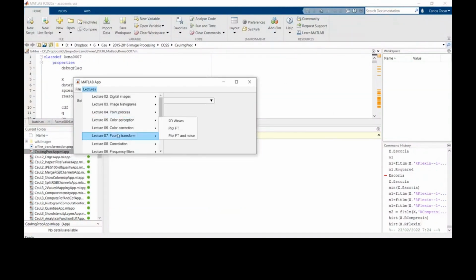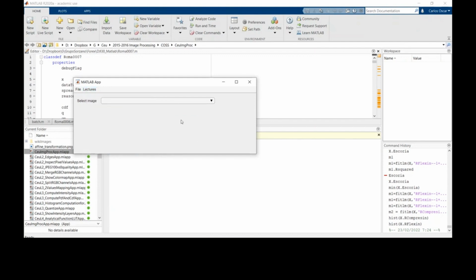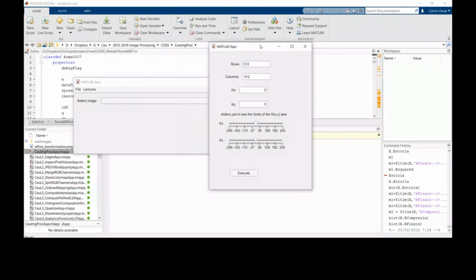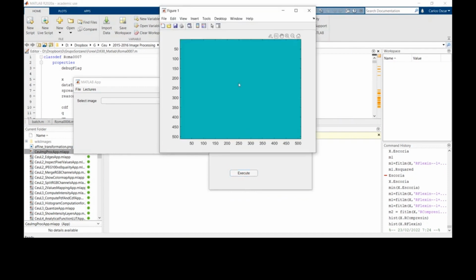And here we have the transform to the waves. So here we have what is the size of the image that we want to generate, and what is kx, ky. So we can say, okay, 0, 0. So 0, 0 should be a constant, and it is a constant.